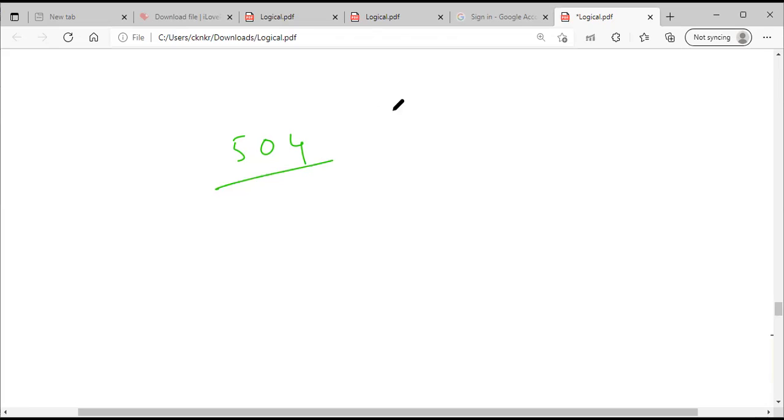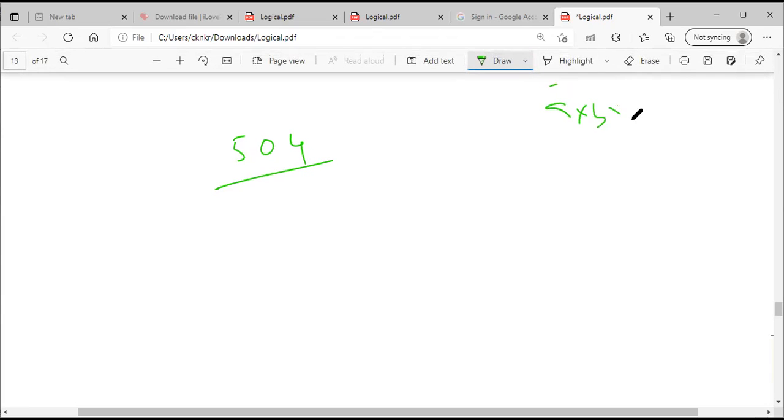First of all, I will split it into numbers. What was our logic? It should be in the form of a into b into c where the numbers are very close. Divided by 4, then another 4.